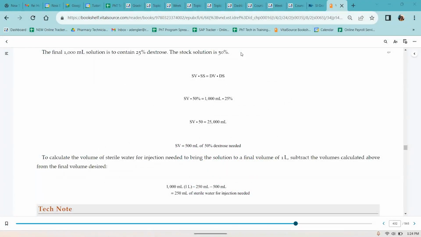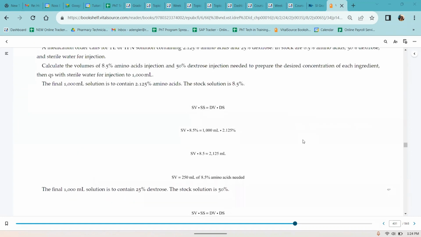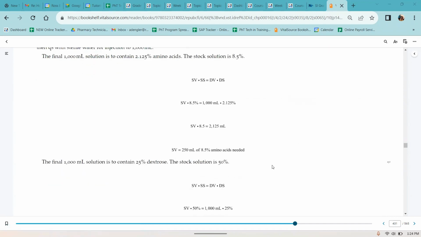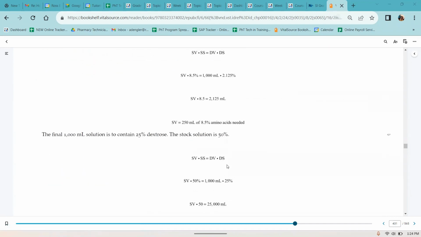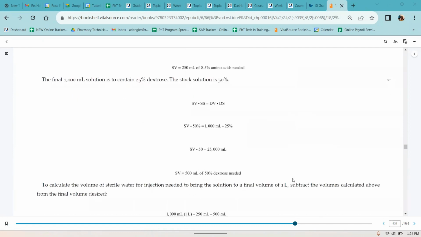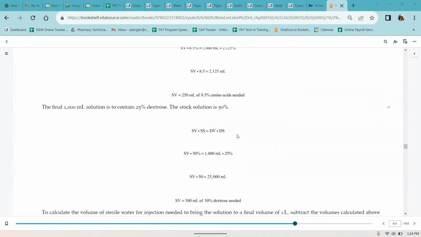The next part of the problem, the final 1,000 ml solution is to contain 25% dextrose. The stock solution is 50%. So what we're essentially doing is doing the same thing that we did in the previous part. We're doing SV times SS equals DV times DS, so we can find out the amount of dextrose needed.